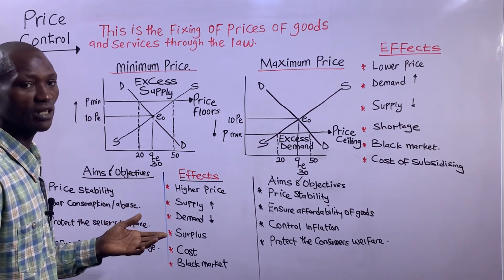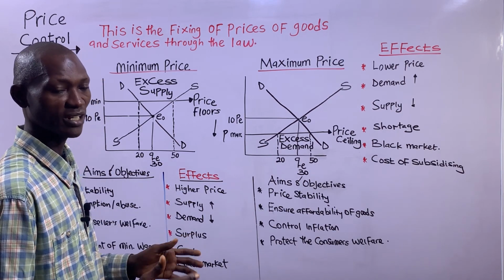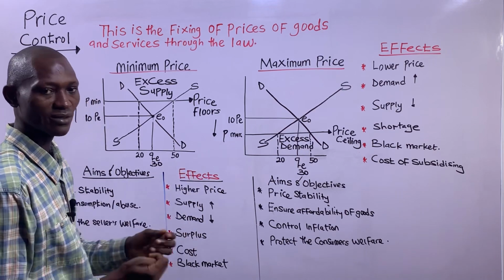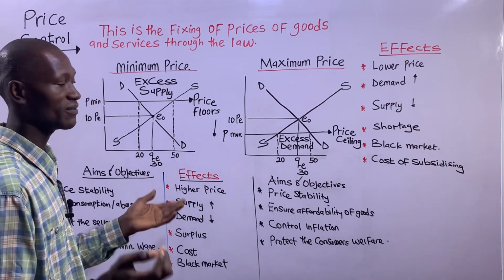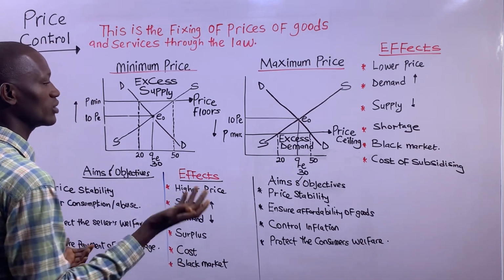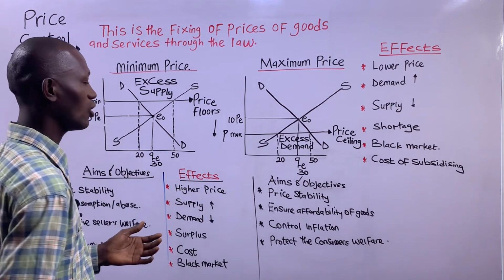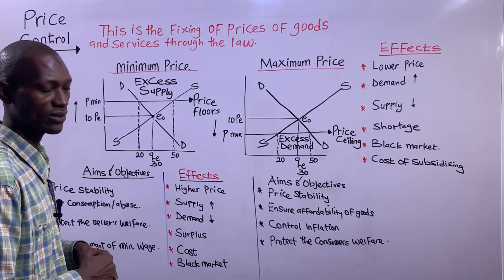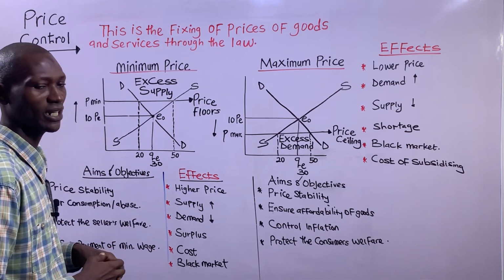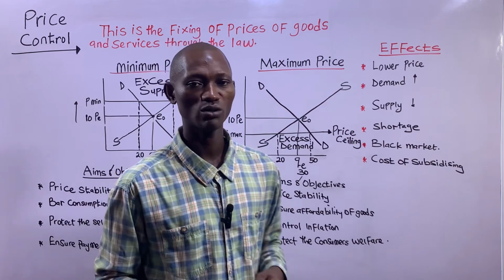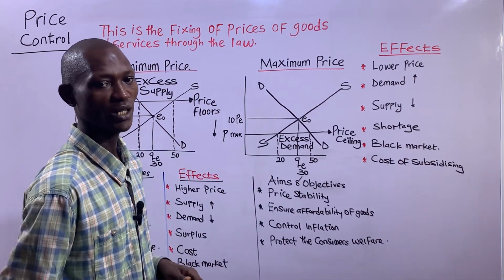So if the government is trying to protect the welfare of the seller by protecting the producers from price volatility, then we will say that the government is also a big fan of minimum price legislation. So that's the impact of minimum price legislation on consumers, producers, as well as the government.